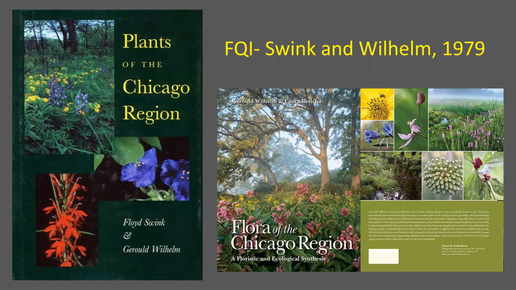So the Floristic Quality Assessment Index was first described in this book by Swink and Wilhelm, but at least for the Chicago region, we now have updated C values. Wilhelm and Rericha recently published The Flora of the Chicago Region, which is this amazing, some 20-pound book that has C values listed for every species, along with a wealth of ecological information, taxonomic information, and morphological information for all species.